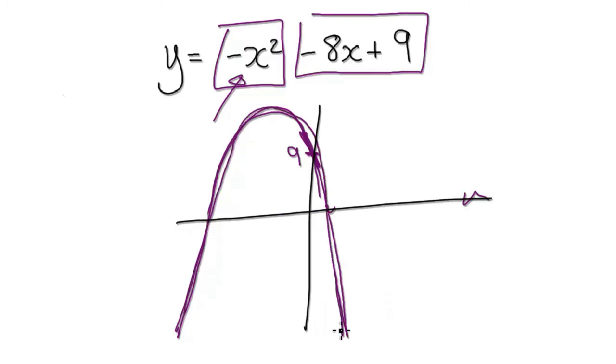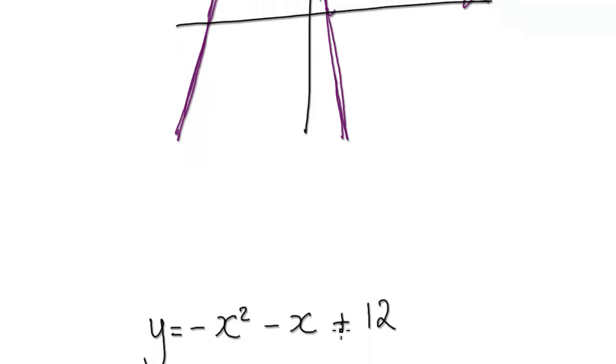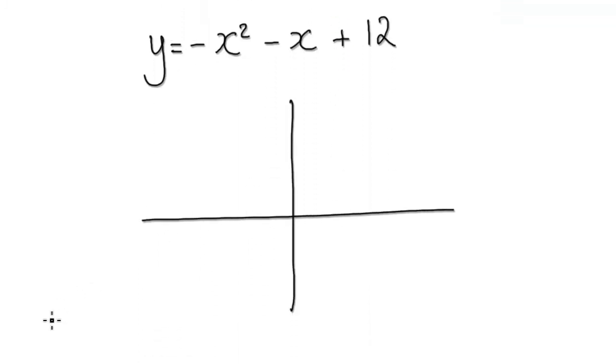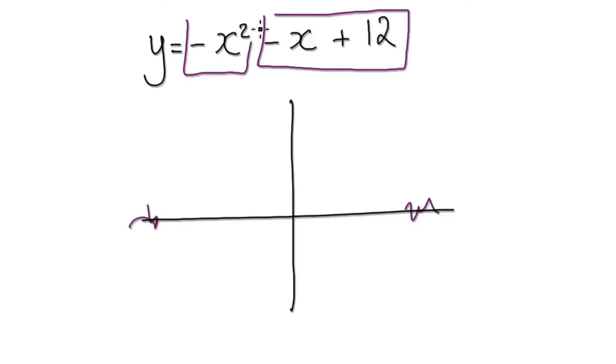Okay, next one. Okay, sketch this graph. So press pause and have a go. Okay, so here when x is small, it wants to do this. When x is big, it wants to do a negative quadratic. So intercept of 12, let's just call 12 here. It wants to do a negative gradient of 1.